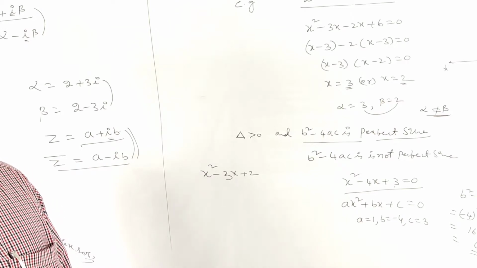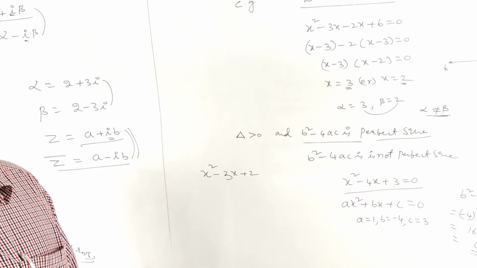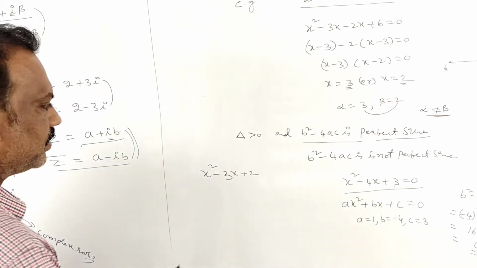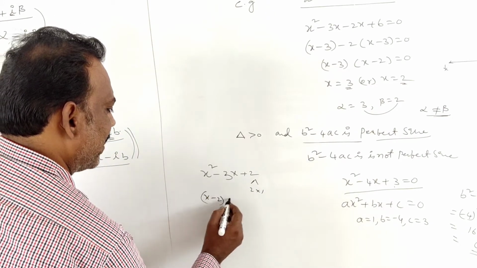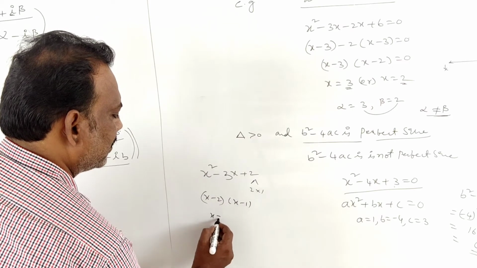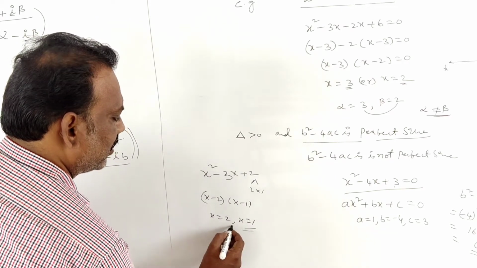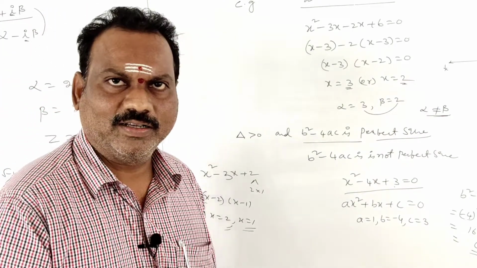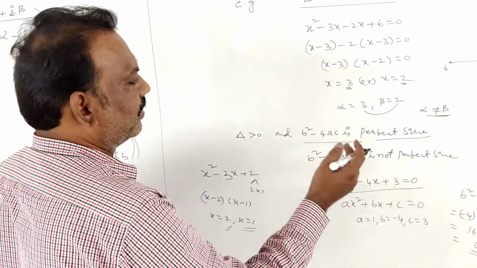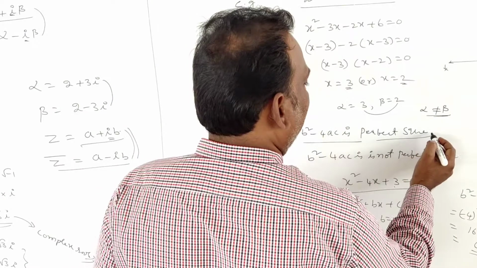Correct or not, students? See, 2 1s are 2. You will get x minus 2 and x minus 1. So x is equal to 2 and x is equal to 1. So these roots are rational, real and unequal. So these are all the examples for b square minus 4ac being a perfect square.